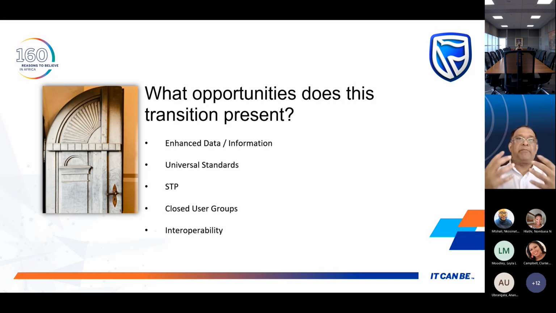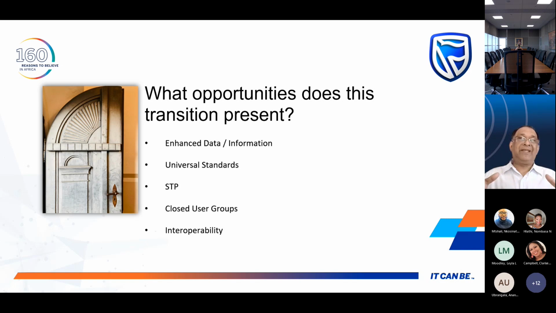So you now have the ability to have enhanced data within the same message that one can then look at how we can utilize this within an organization, within a group, within a region, as I mentioned, like SADC RTGS, within a domestic nature, as well as obviously across the continent.